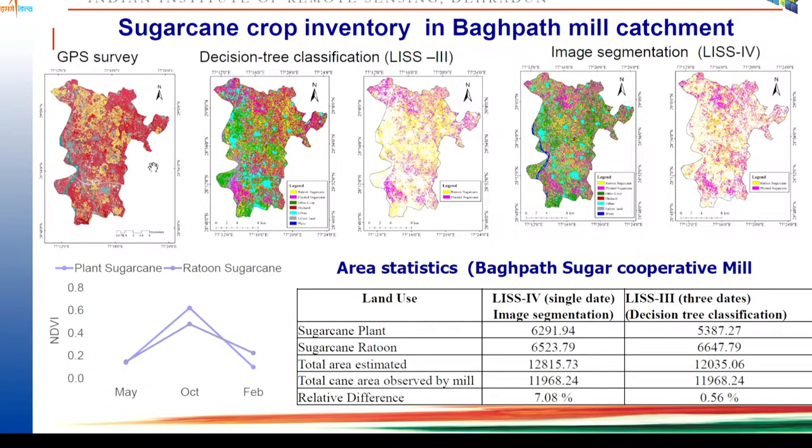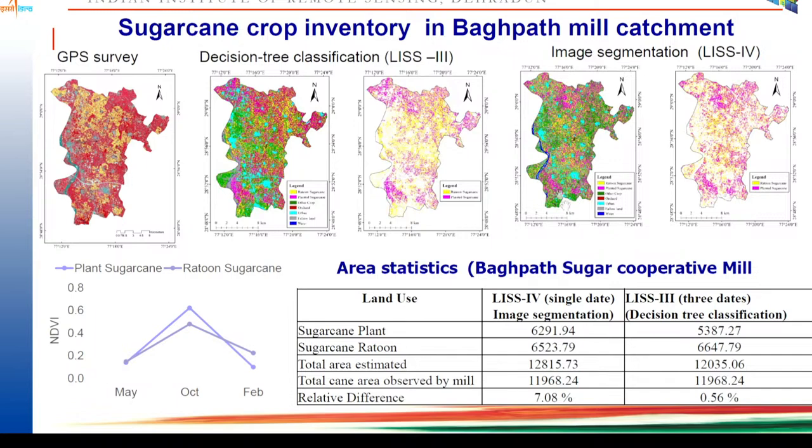Planted sugarcane means sugarcane set is planted and it is harvested at the end. And ratoon is where the sugarcane set is planted and it matures. Once maturity is there, it is cut, keeping a certain portion left behind to regrow for the next year. Once it regrows for the next year, it is called ratoon crop.